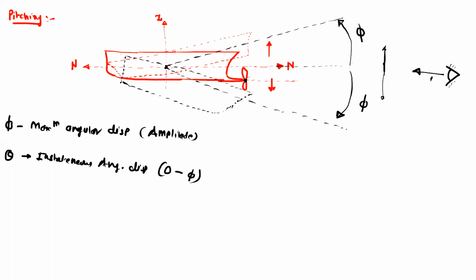Okay, so the maximum displacement of this point will be up to this angle, that is phi, and this negative phi. So from this direction, the observer will observe the cyclic motion.